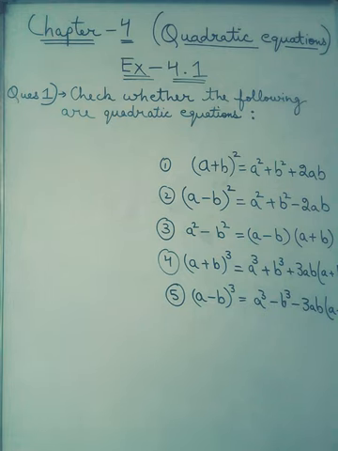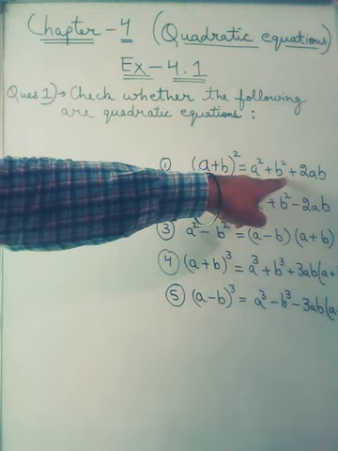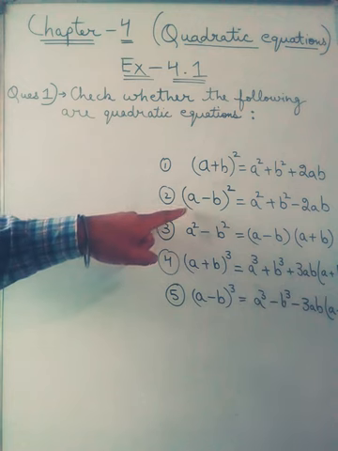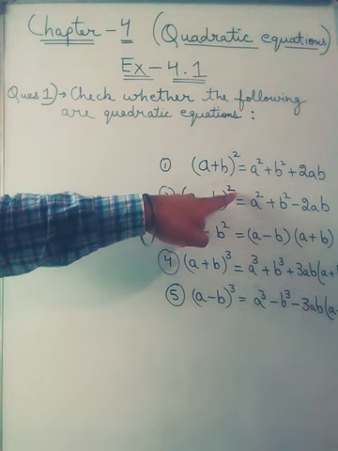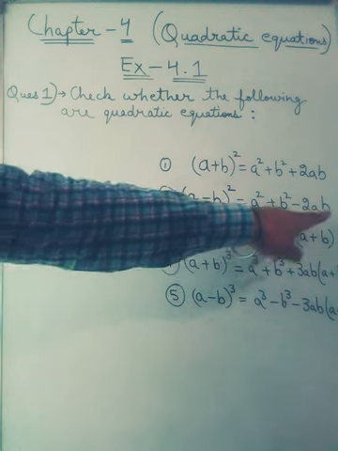The first identity is (a plus b) whole square, that is equal to a square plus b square plus 2ab. You should know these identities. The second identity is (a minus b) whole square, that is equal to a square plus b square minus 2ab.